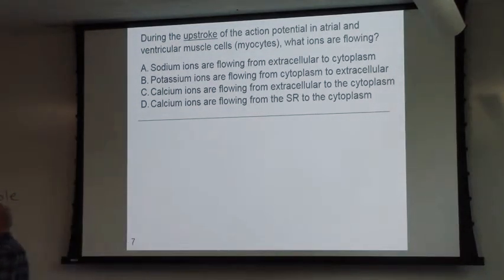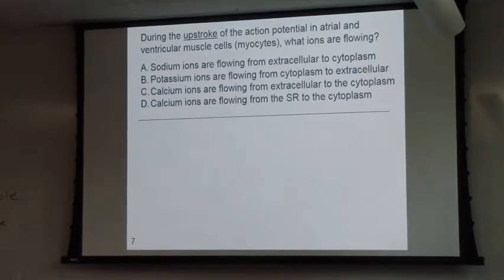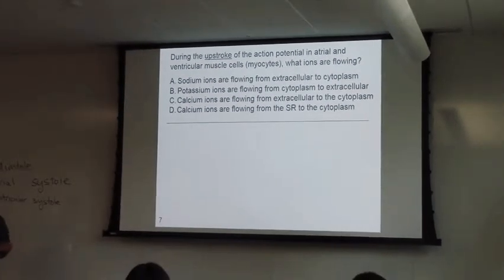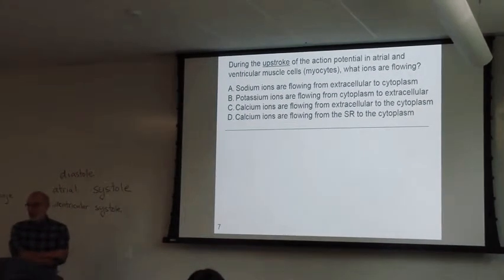Okay, so show me your answer to this clicker. During the upstroke of the action potential in atrial and ventricular muscle cells, what ions are flowing and in what direction?